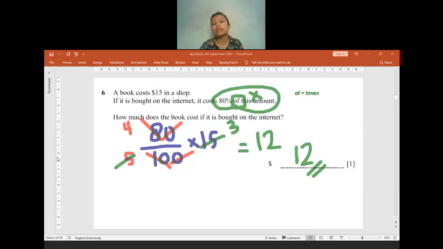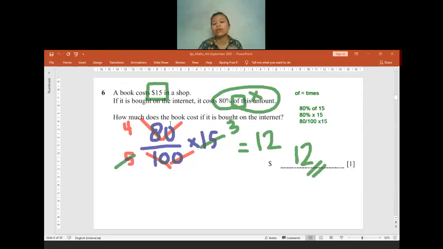The original price is $15, because it says 80% of this amount. So it will be the same thing as 80% of $15. We know that of means times, so we can change it to 80% times 15. Percent means per 100, so it will be 80 per 100 times 15.